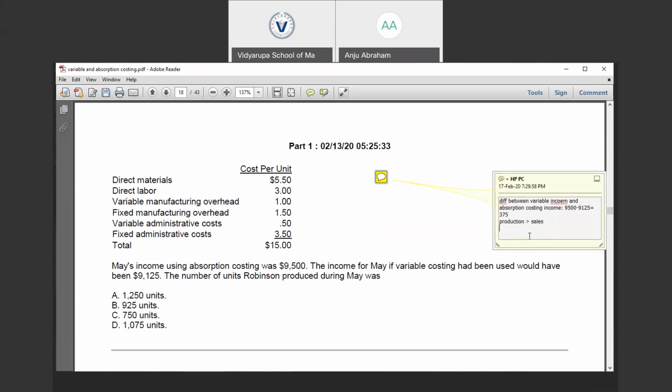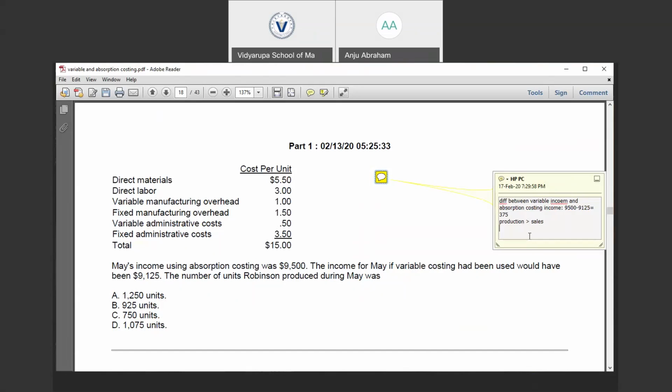In absorption costing income, the fixed manufacturing overhead applied to production will be lower than what is expensed in variable costing income. So this 375 represents that portion of fixed manufacturing overhead which is not applied to production in the absorption costing system. That means this 375 of fixed manufacturing overhead is applied to the ending inventory. So ending inventory into the fixed manufacturing rate gives this $375.